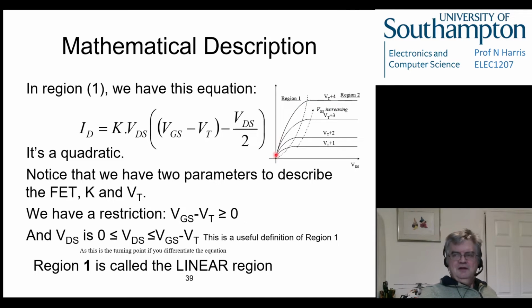And if you have a linear relationship between current and voltage, that has dimensions of resistance. If you go up and down a straight line on a VI curve and it's straight, that's a resistance value. The gradient is related to the resistance. So here we can change the gradient, we can change the resistance, and we're controlling the resistance of this by a control voltage on the gate. So that's why it's called linear.